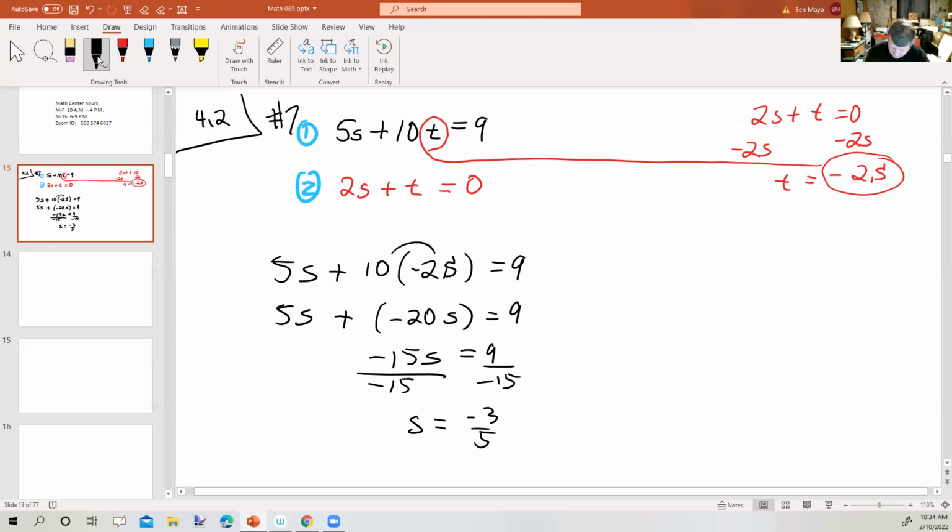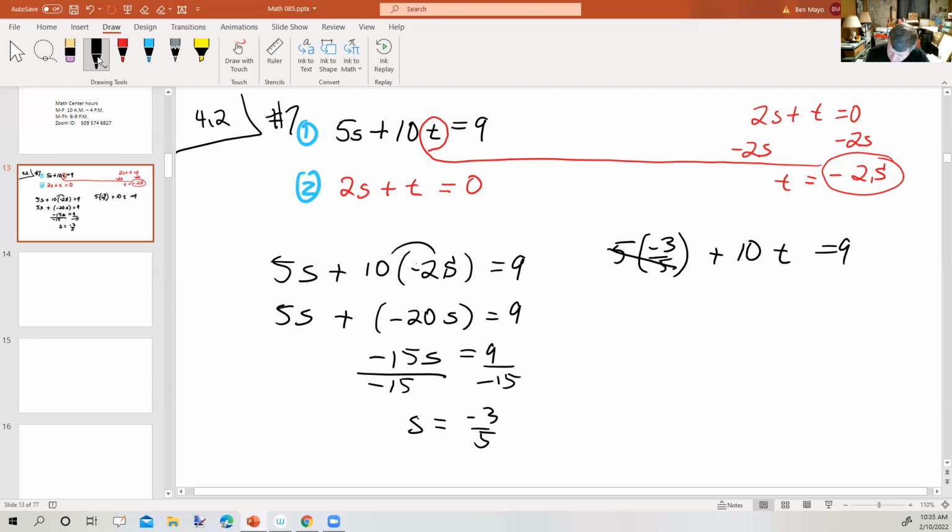So step number 4, take the result, s equals negative 3/5, and plug it back into either of the original equations. I'm going to put it into the top equation. So I get 5s, but s is negative 3/5, plus 10t equals 9.